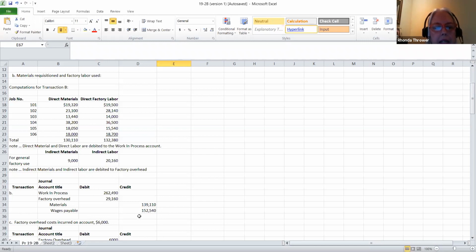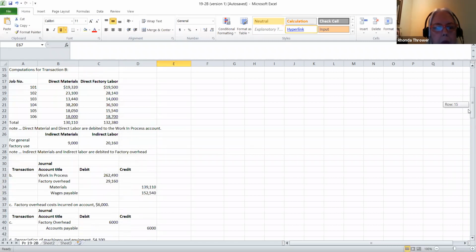This amount, again, is for the direct labor and the indirect labor. So all of this transaction here is a compound entry that we've created to show what we placed into process, what went into factory overhead, and that came out of materials and was into the wages payable account.